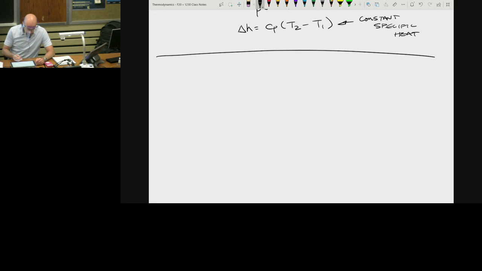The first problem, what we're going to do is we're going to deal with a pipe. And this pipe is going to have, attached to the top outside of it, some electric heater. An electric heater you're going to plug in to some power source.